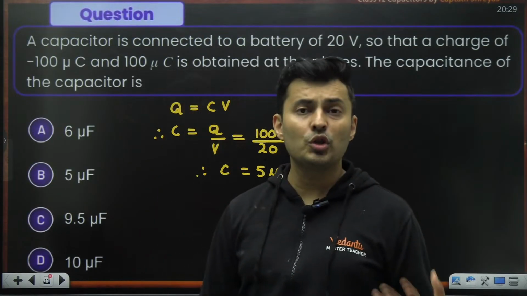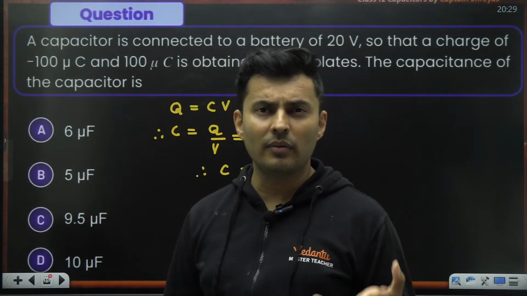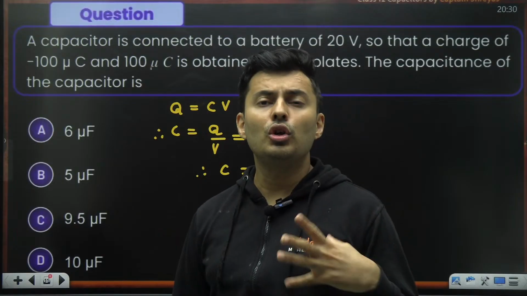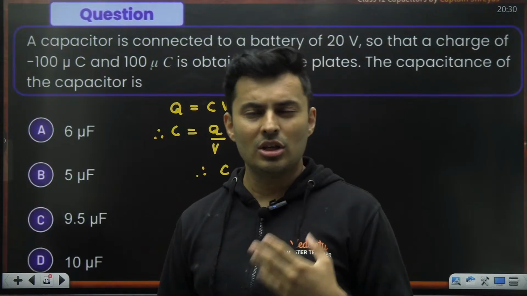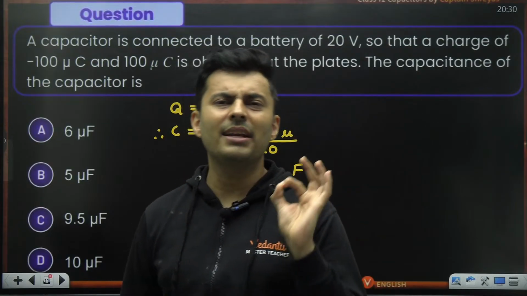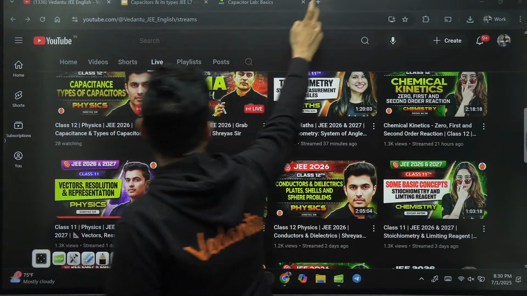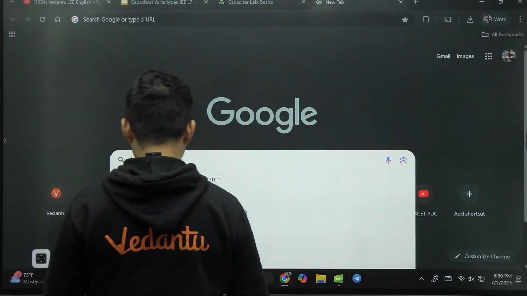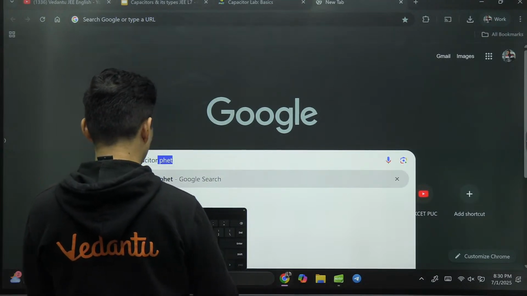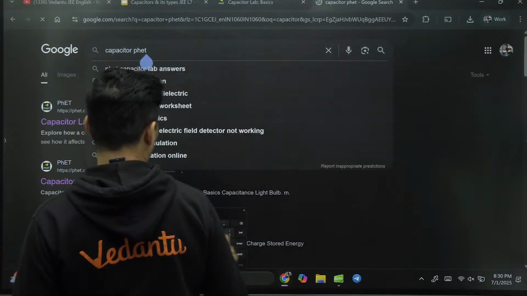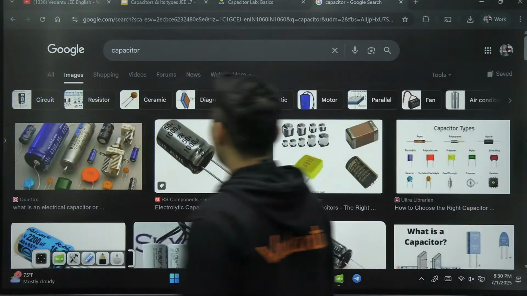Remember, the capacitors which you usually get in the market are usually in microfarads or picofarads. Millifarad is a huge capacitor and a farad is a very huge unit. So normal capacitors are very, very small. If you're wondering what capacitors look like, you should probably just Google it. So this is how capacitors basically look like.